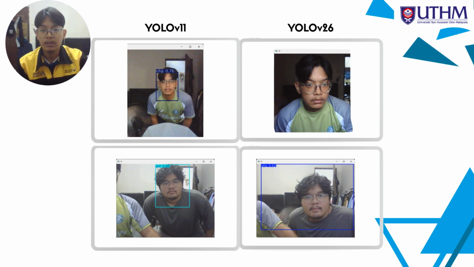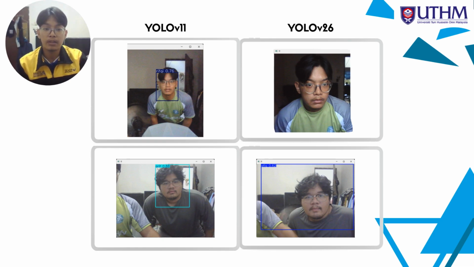In the second picture, which is Arif, in the bottom left frame, YOLO V11 demonstrates robust identity recognition, identifying Arif accurately with an excellent confidence score of 0.88. Conversely, in the bottom right frame, YOLO V26 introduced a critical discrepancy.